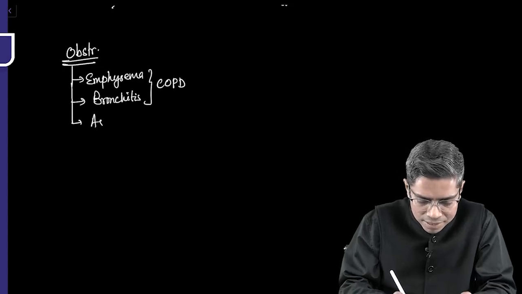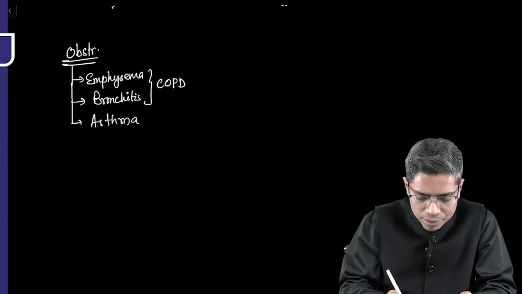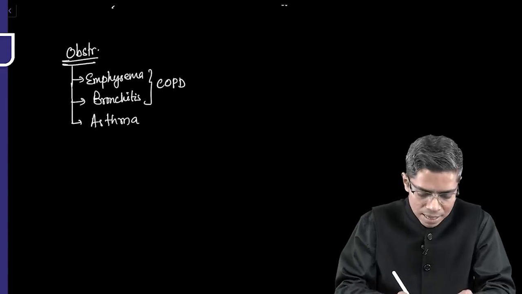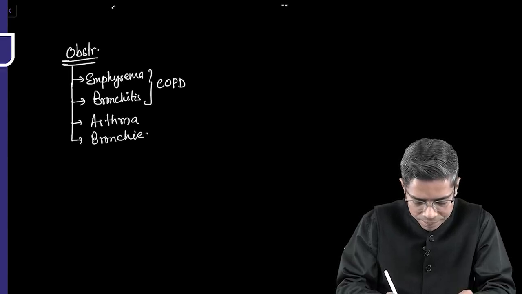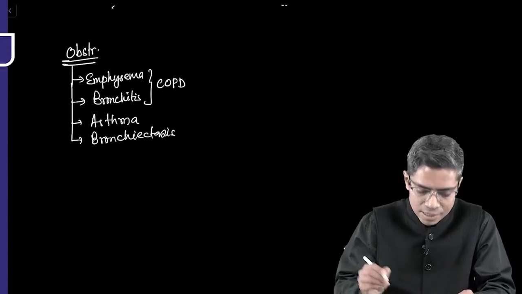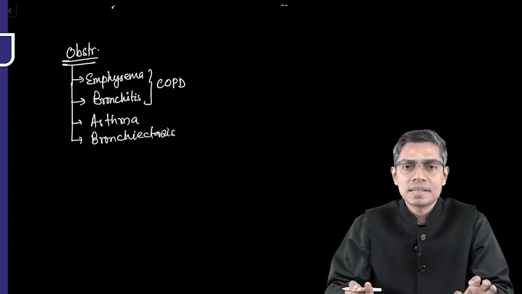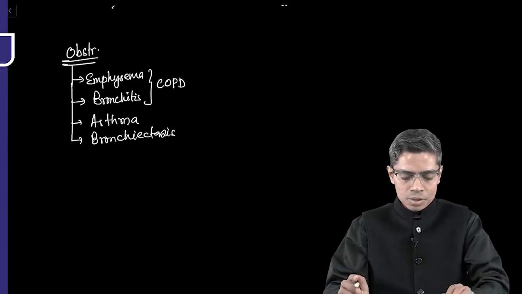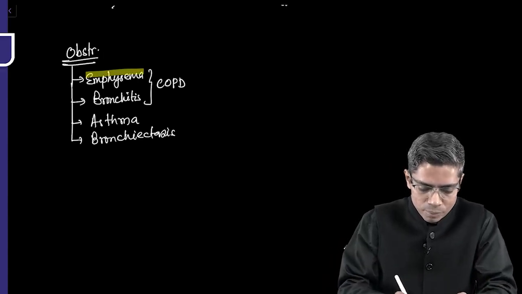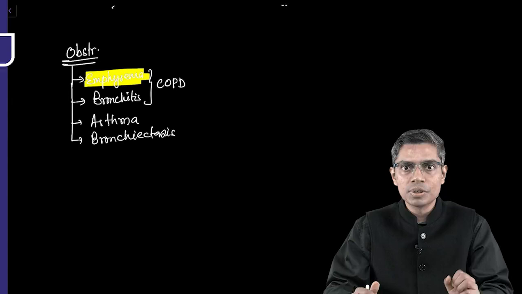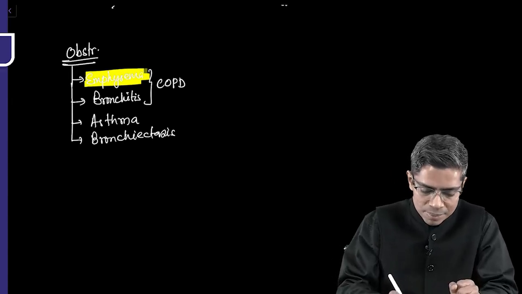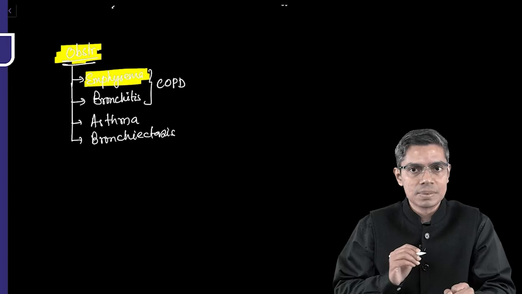Not only that, asthma is also under this category of obstructive disease, and sometimes bronchiectasis is also placed in the obstructive category of lung disorder. In emphysema, we are going to discuss how the lung volumes and capacities change, because emphysema is the prototype of the obstructive disease.